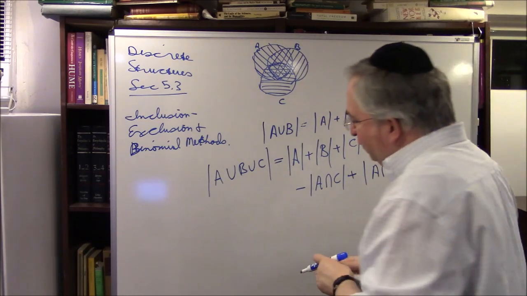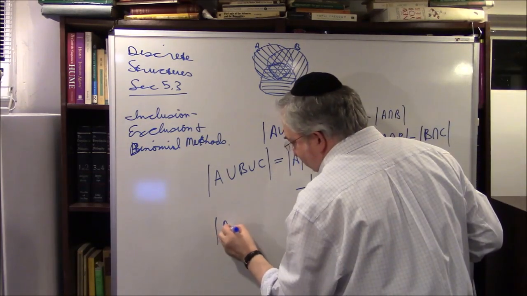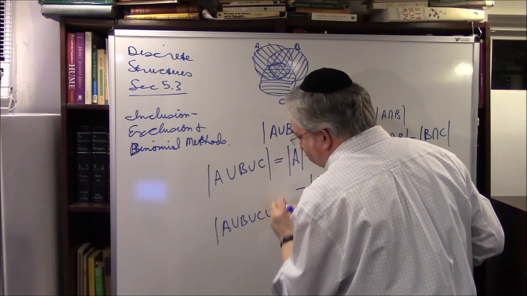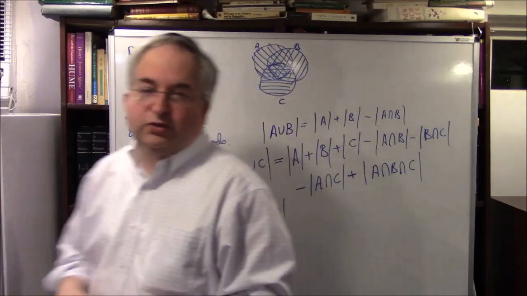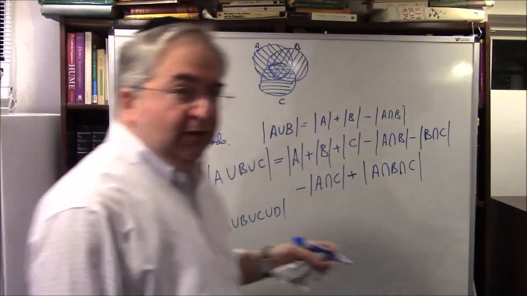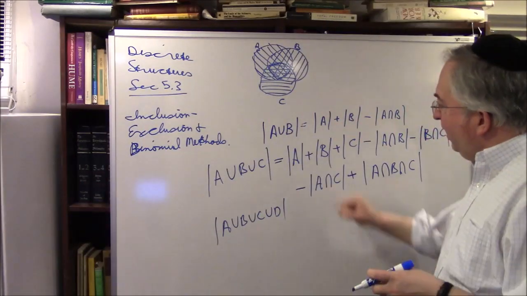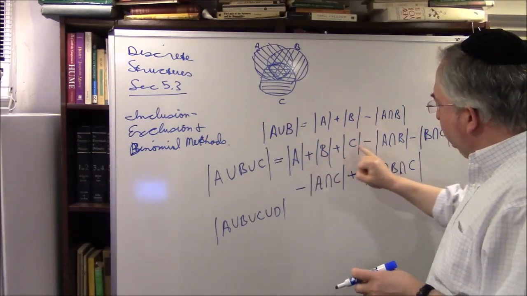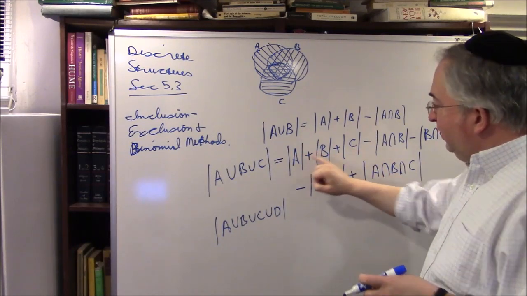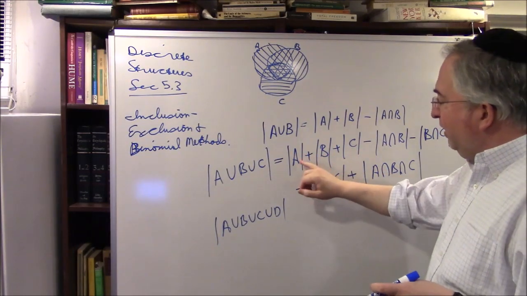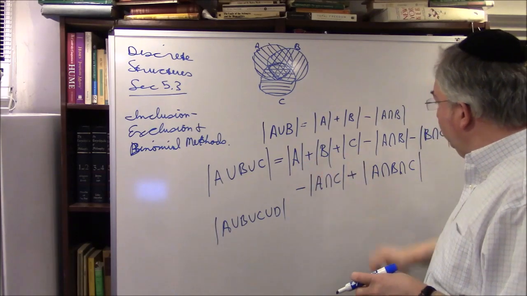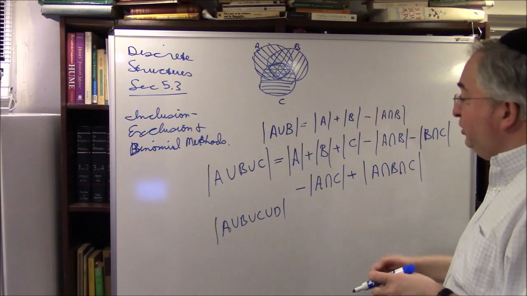And of course the book does this, but we're not going to do it. You're going to look it up in the book. What happens if you have A union B union C union D? And there's a rule. It basically goes as follows. If you're intersecting an odd number of things, like 1 or 3, then you add it.